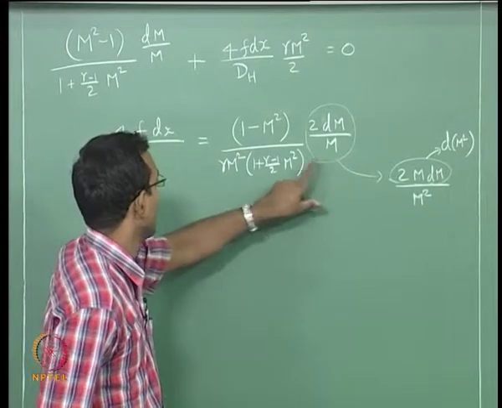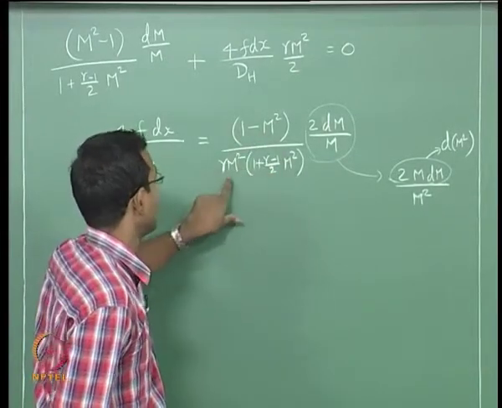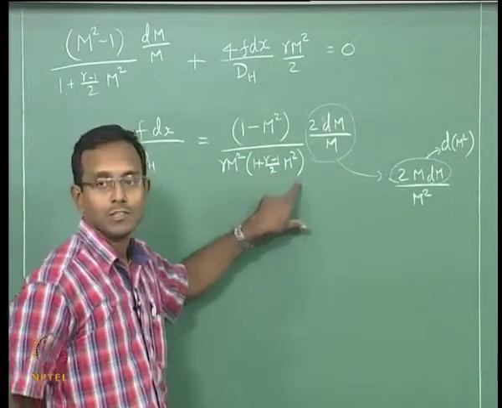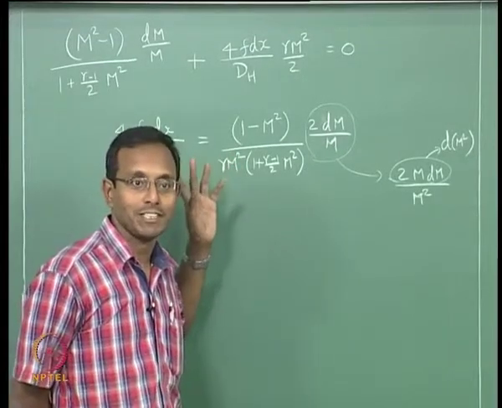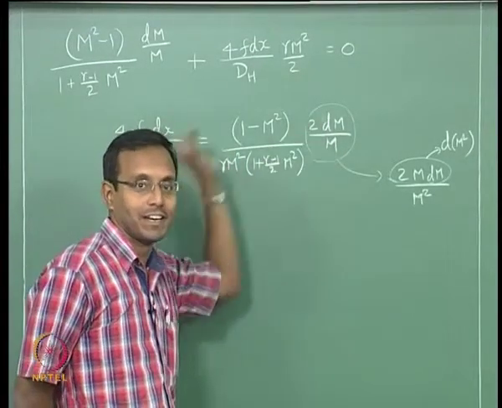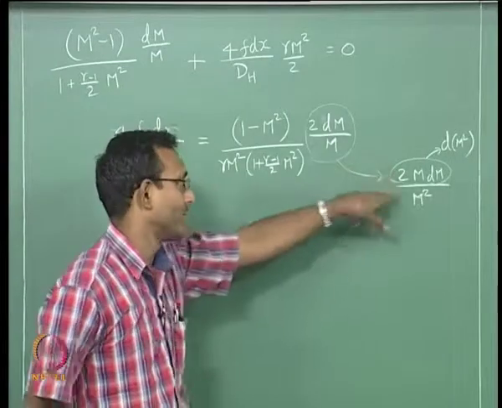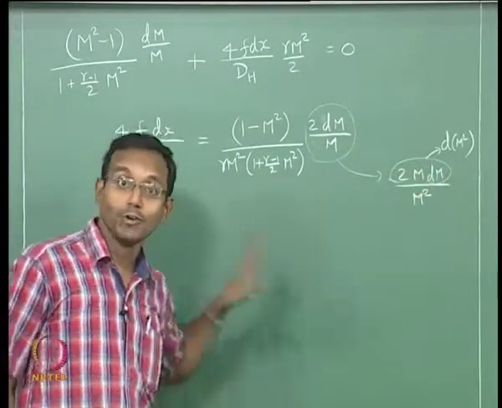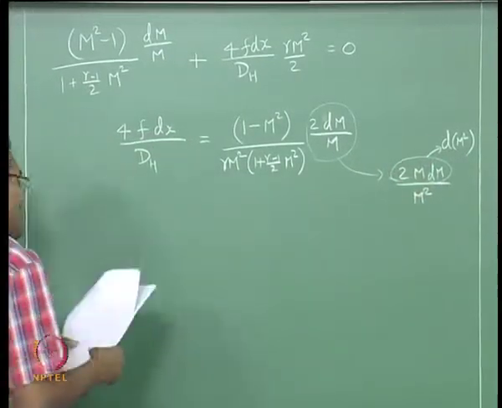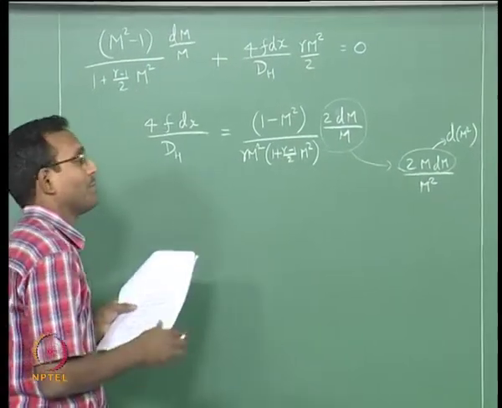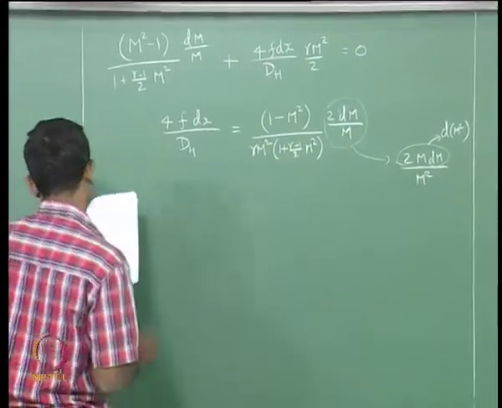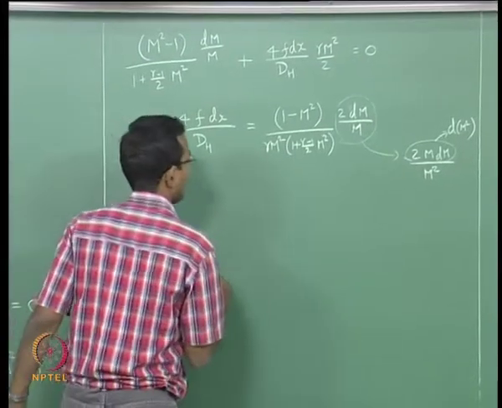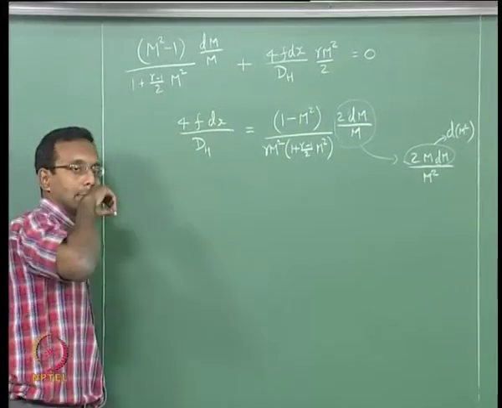Now if I look at it, every term that has Mach number is all M square. So I might as well substitute M square equal to some y and start integrating that expression. That is why I have made this. I am not going to do the integration here, but we will just say that it can be integrated as of now. And what will be my integral limits?